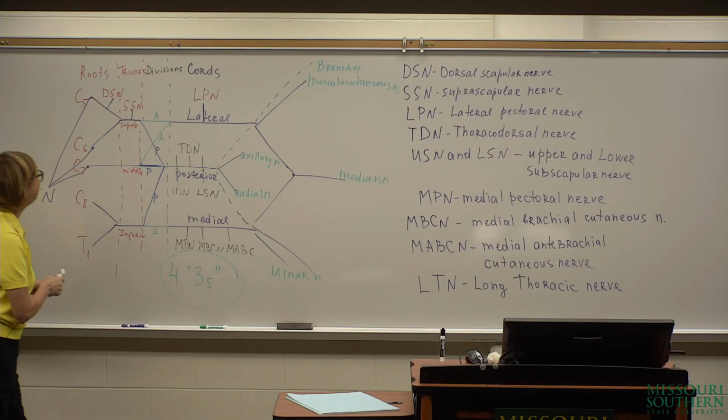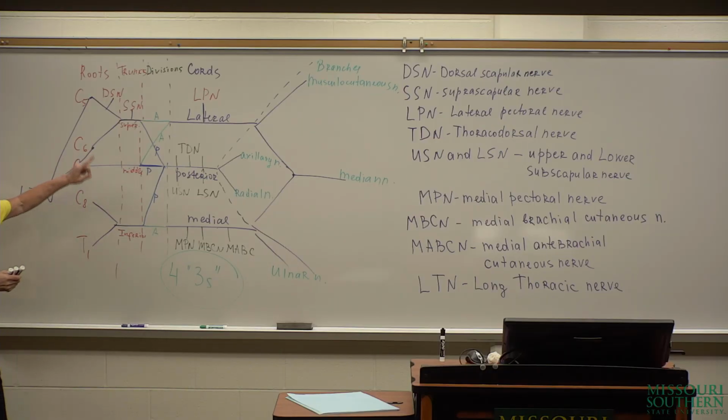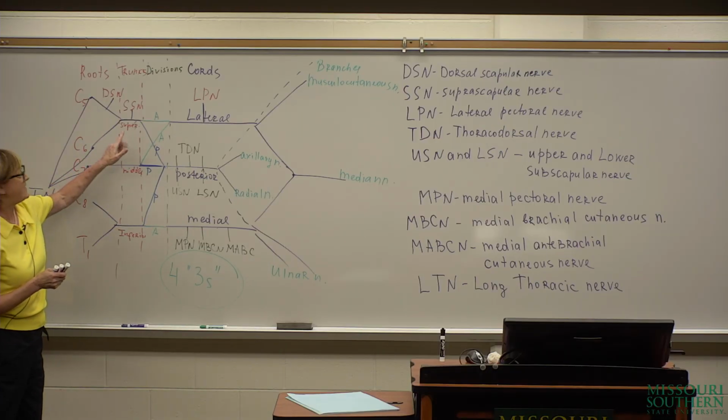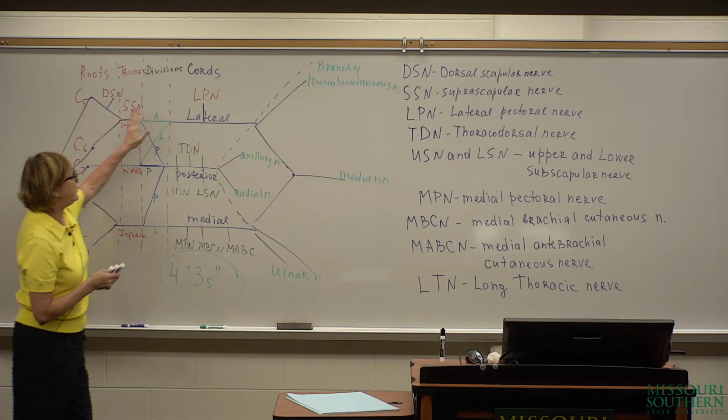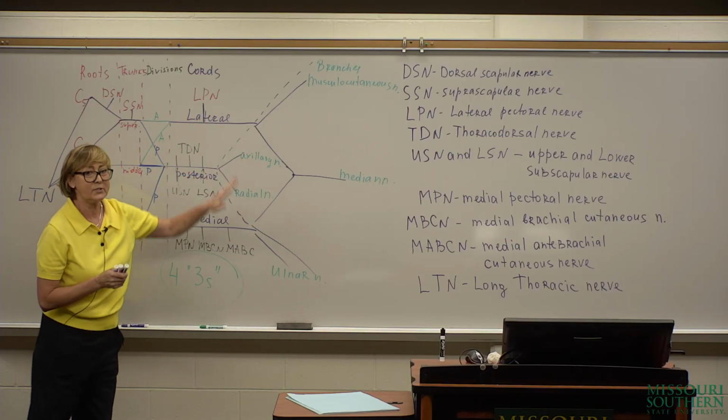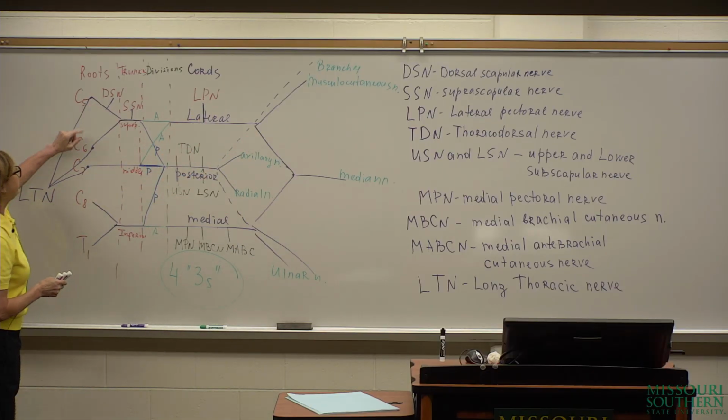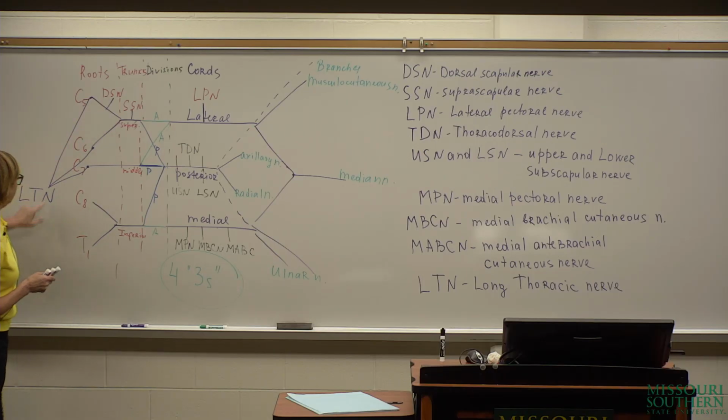So now let's identify which spinal nerves contribute to the formation of each of these nerves. Look at this. So the long thoracic nerve is formed by the roots of C5, 6, and 7. Remember, C5, 6, 7, keep the wind from heaven. C5 to 7.